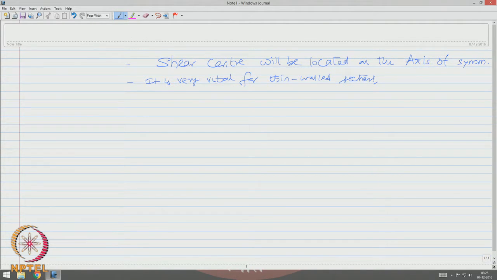In the last lecture we picked up an example. I will reiterate that example slightly and extend the discussion further in this lecture.